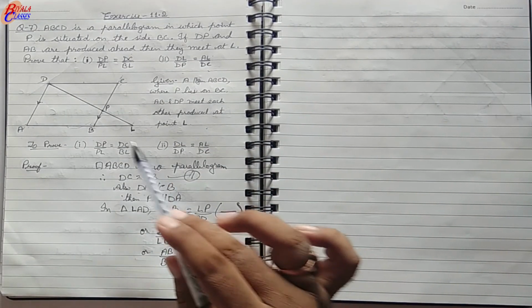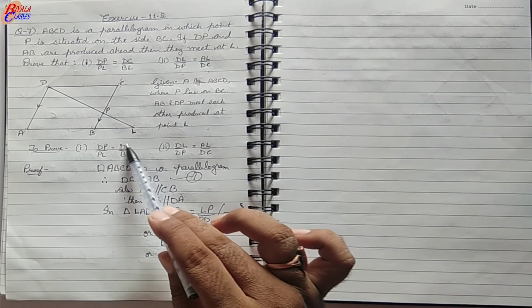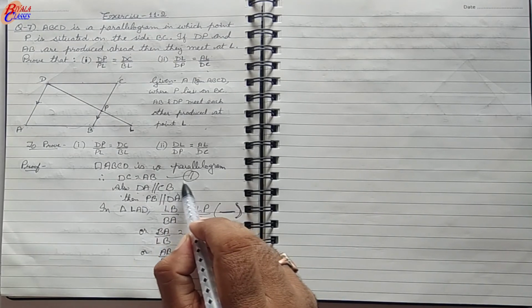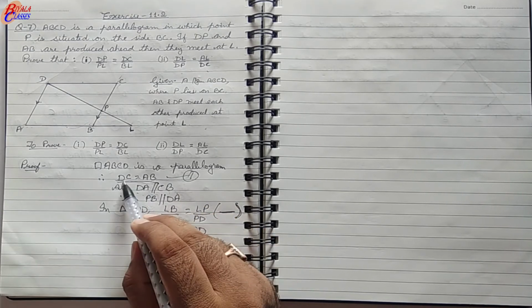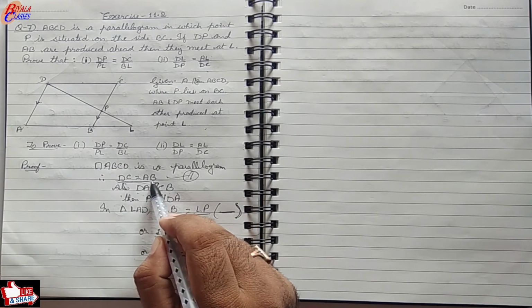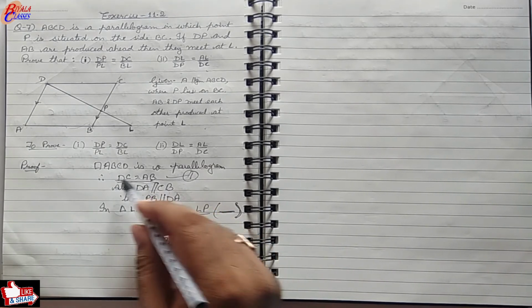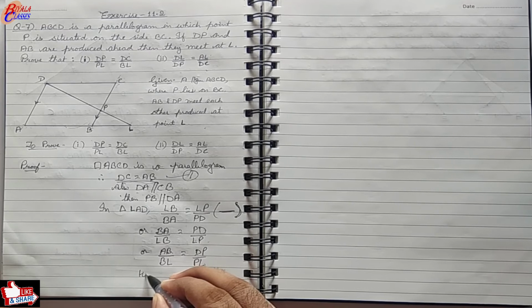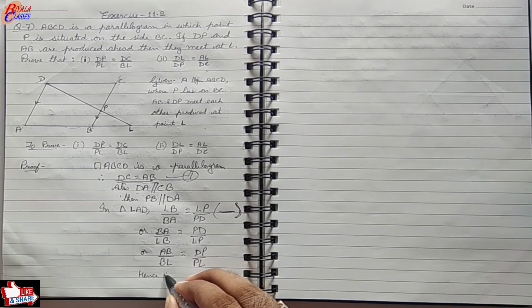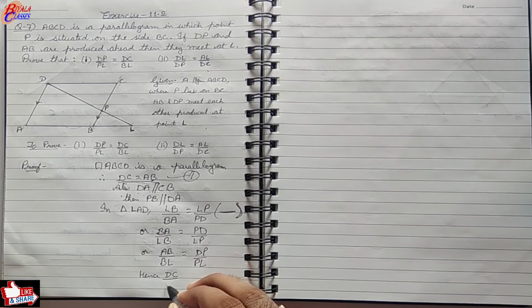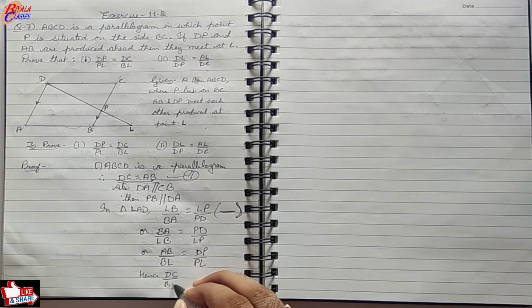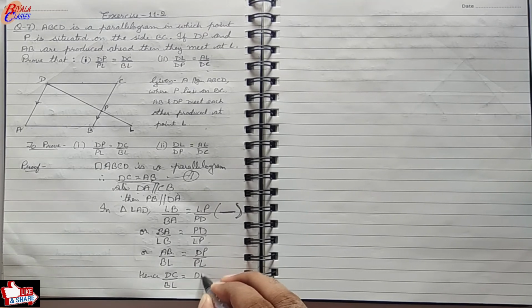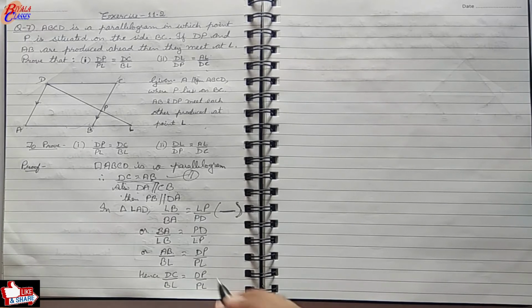The only difference is that you need DC in the result to be proved, whereas you are having AB. So you can come back to the result which we had written here, equation 1, which says DC and AB are equal to each other. So AB can be replaced with DC. So hence, in place of AB, you are going to write DC upon BL is equal to DP upon PL.